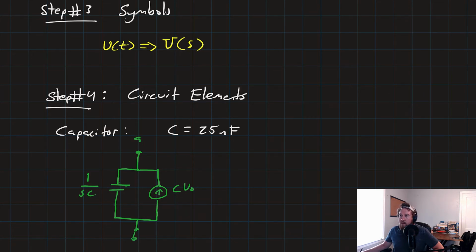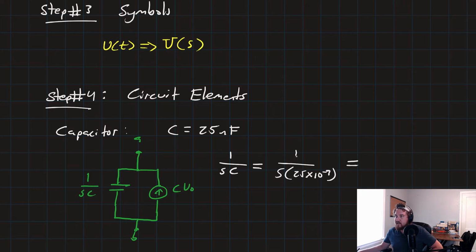So 1 over SC is going to be 1 over S times 25 times 10 to the negative 9. And that's going to give us a Z of C equal to 40 times 10 to the 6 over S.